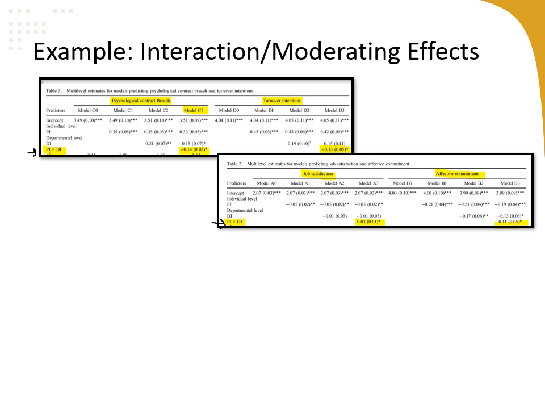So it looks like what's going on in your department does have an effect on how the personal impact is related to how you feel in terms of psychological contract breach, turnover intentions, job satisfaction, and affective commitment.